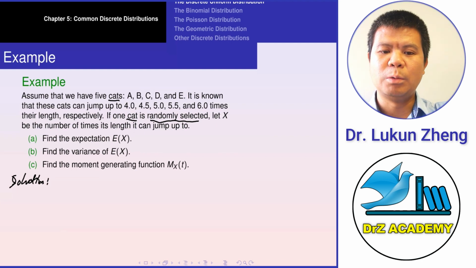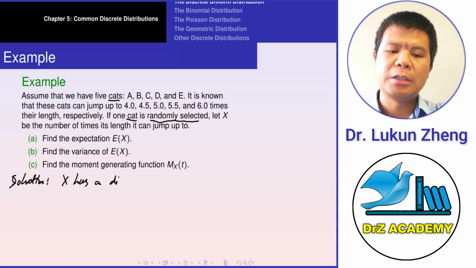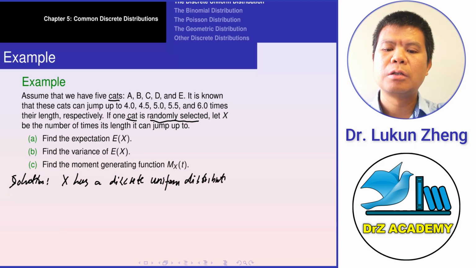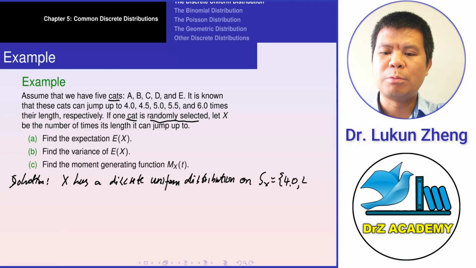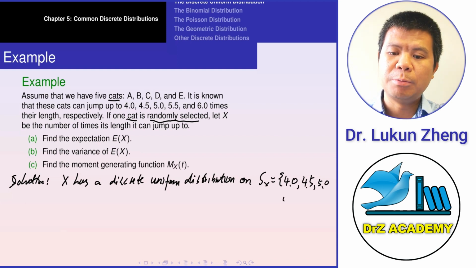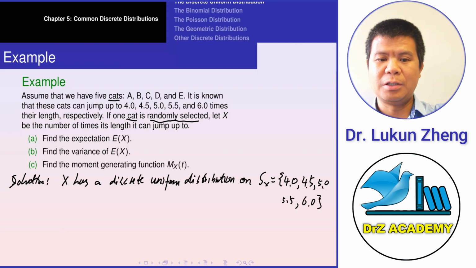So we know x has a discrete uniform distribution on the support 4.0, 4.5, 5.0, 5.5 and 6.0, because it's randomly selected.